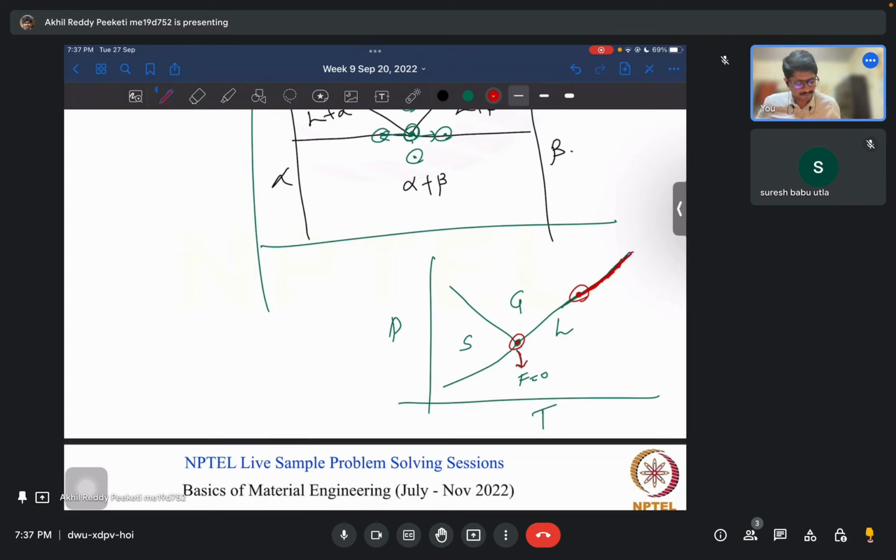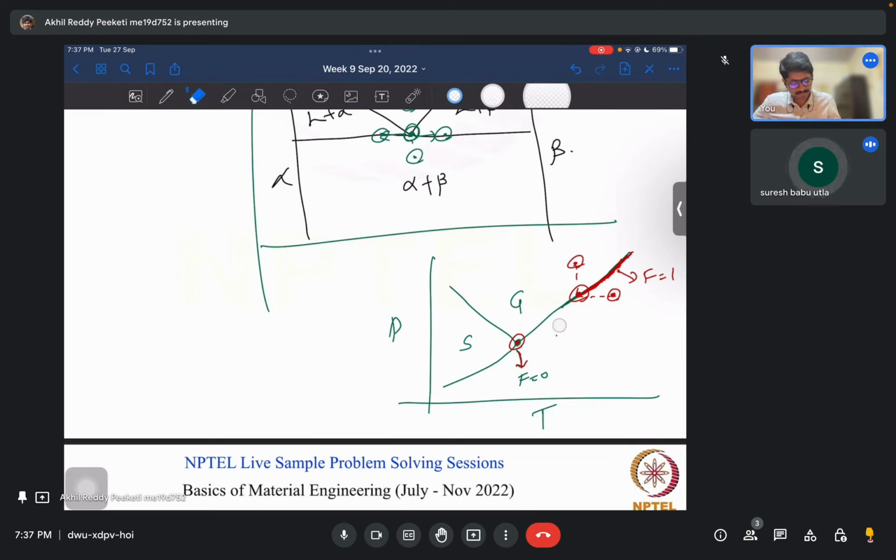So this line is basically degree of freedom 1, because the temperature and pressure you need to change together. If you change only temperature, keeping the pressure constant, you are out of the phase. So degrees of freedom are not 2.